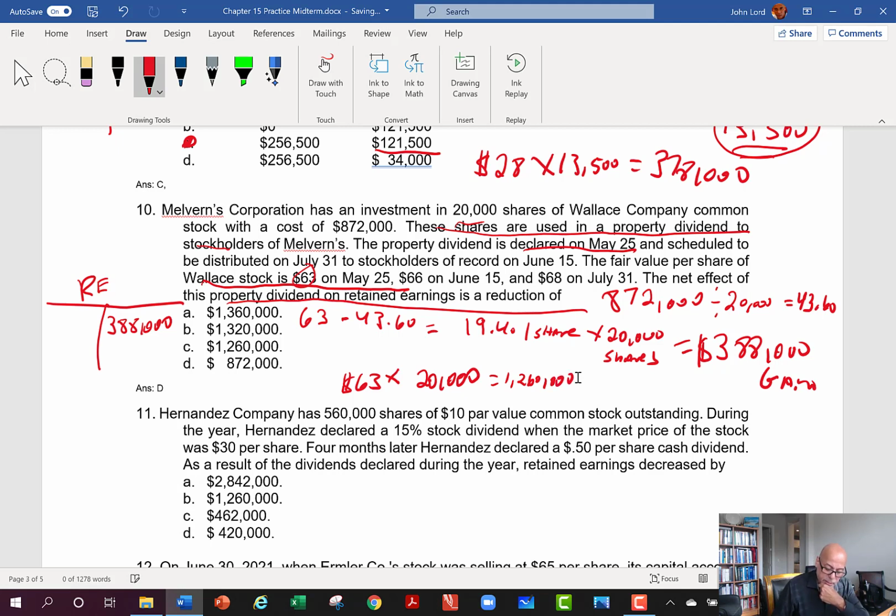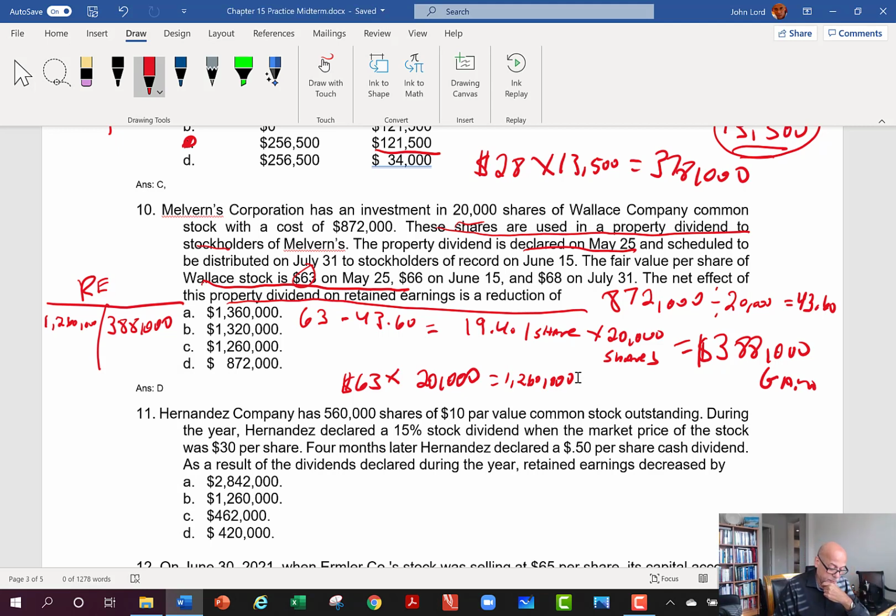Right? And so again, they're going to debit retained earnings, 1,260,000. I'm just going to post it over here, guys. 1,260,000. Debit the retained earnings, credit the investment, 1,260,000. You've already written those shares up to their fair value.